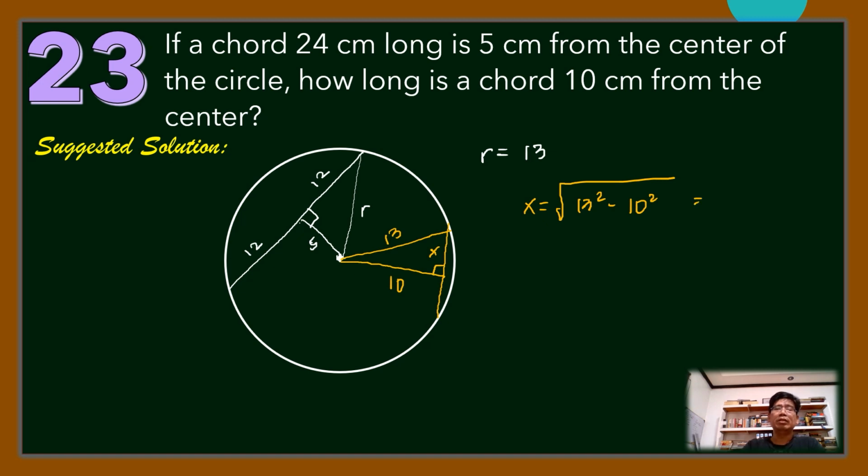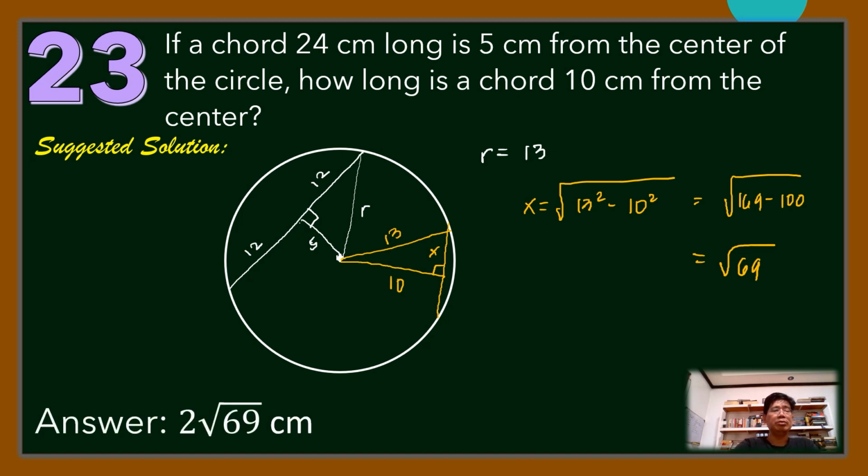This is equal to the square root of 169, that's 13 squared, minus 100. So this is equal to the square root of 69. Since this is just half the chord, then the chord is twice this length. Since the chord is bisected by the line containing the radius, the answer is 2 square root of 69 centimeters.